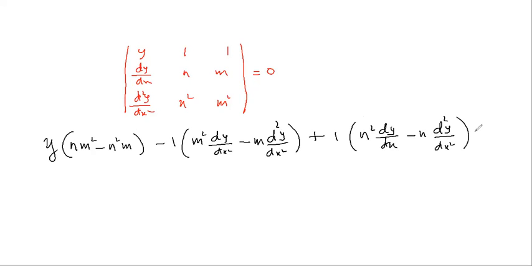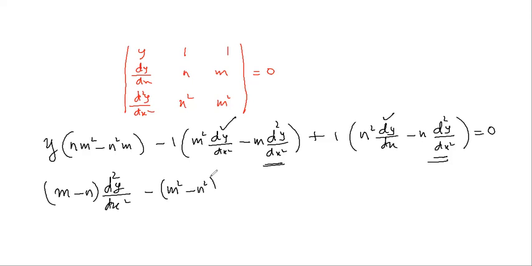This should be 0. Now let me arrange in order. Second order derivative: m minus n into the second order derivative. Now dy by dx, this and this: minus m square plus n square, so let me take common m square minus n square dy by dx.